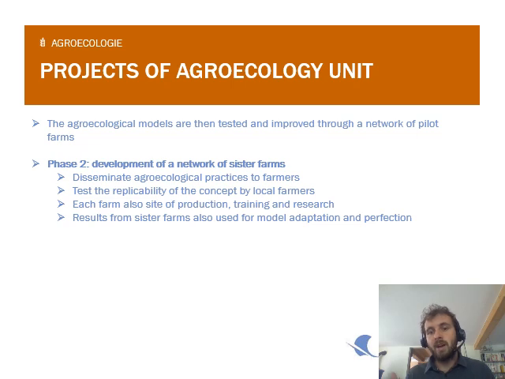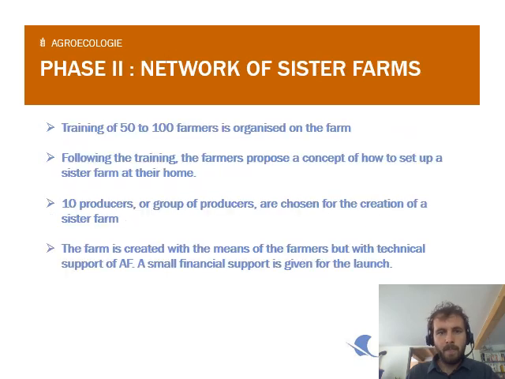The idea is to have a chain training, so that these farmers of the sister farms can train and disseminate the agroecological practice to the neighbors. And it is a site of research because we will collect data on these sister farms as well. And we will use this data of the sister farms to adapt the model and add some aspects that come from the farmers themselves.